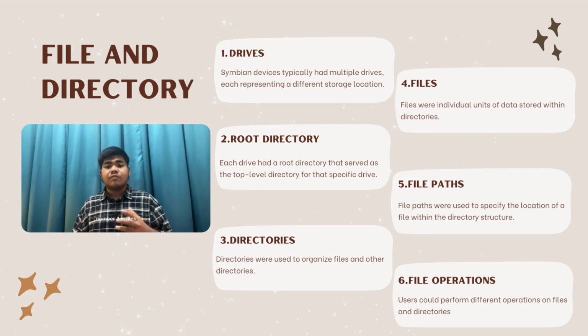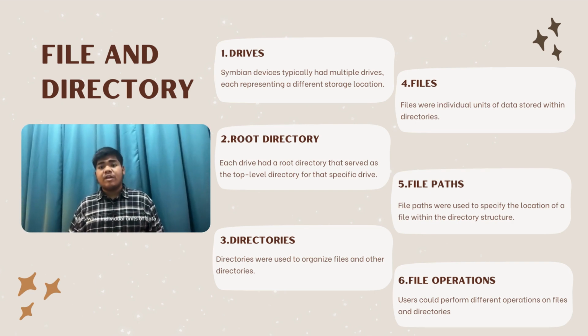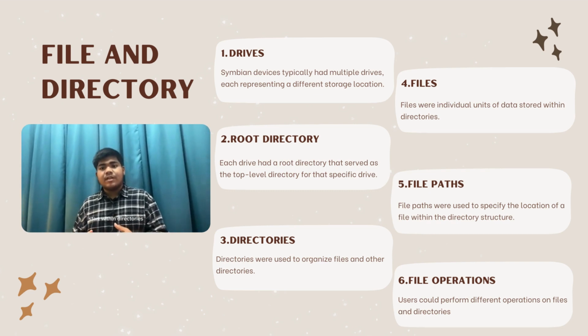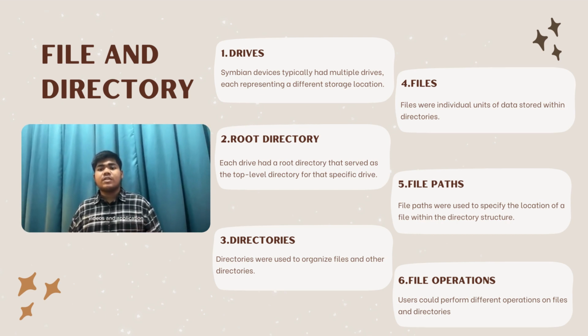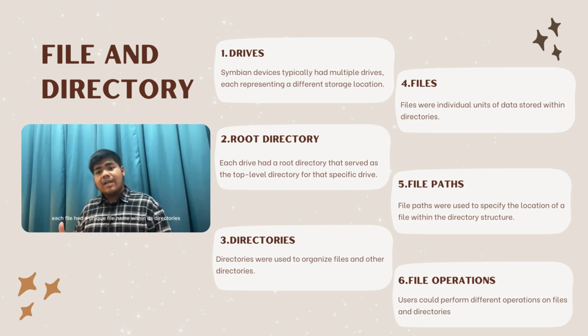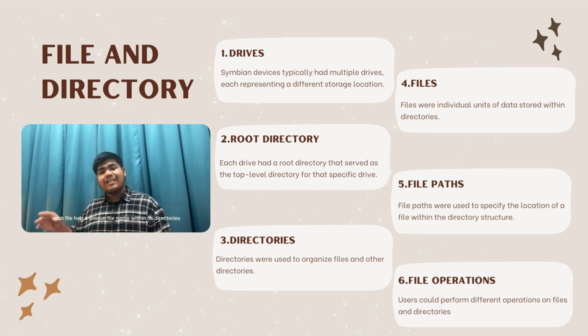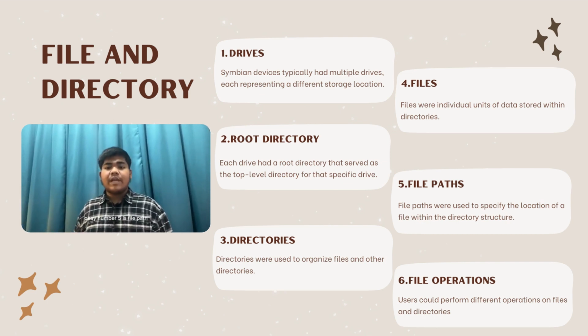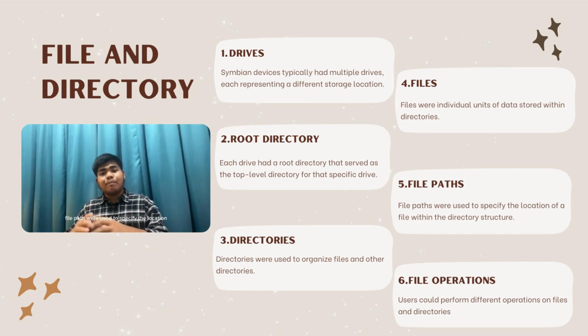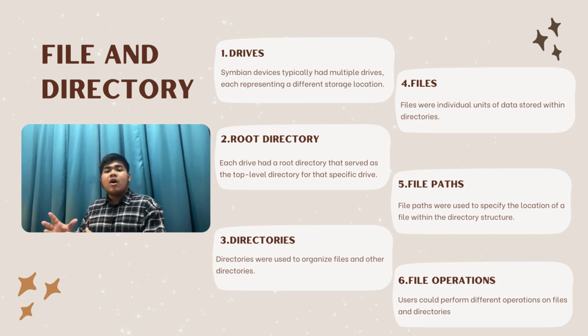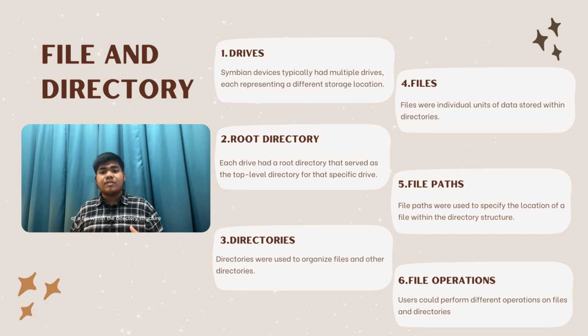Number 4 is files. Files were individual units of data stored within directories. They could include various types of content such as document, images, videos, and application. Each file had a unique file name within its directories. Okay, number 5 is file path. File paths were used to specify the location of a file within the directory structure.